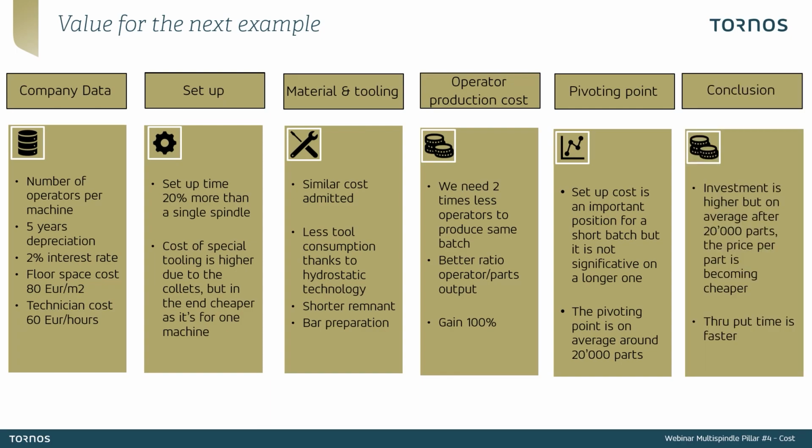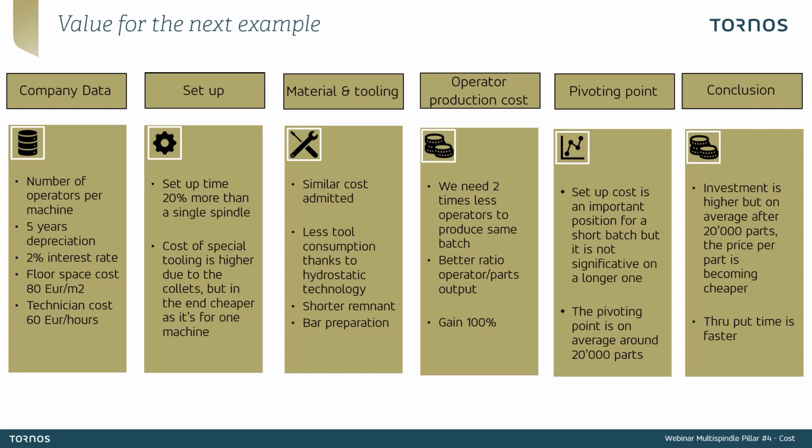In conclusion, usually the multi-spindle investment is higher, but as soon as you have more than 20,000 parts to produce, the price per part becomes cheaper. And the other big advantage is the throughput to produce your batch is faster.